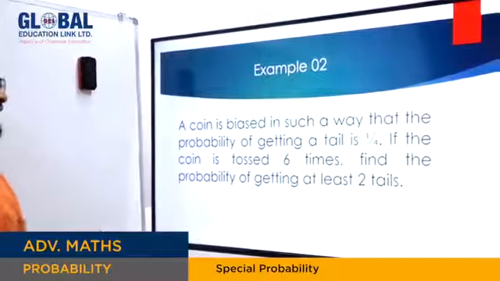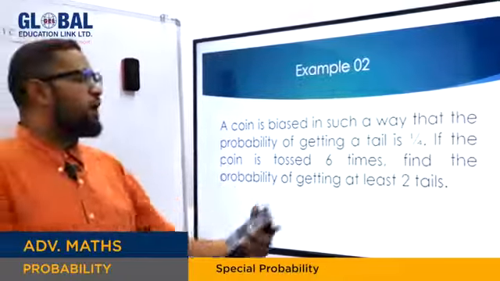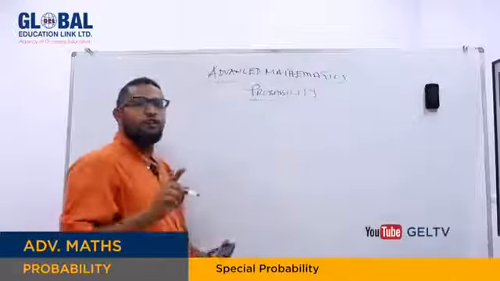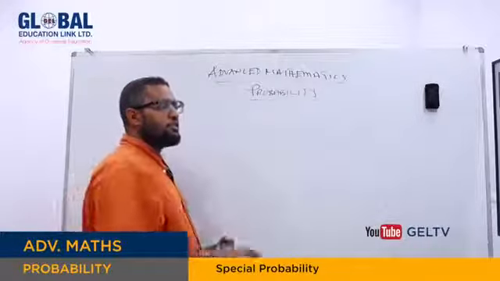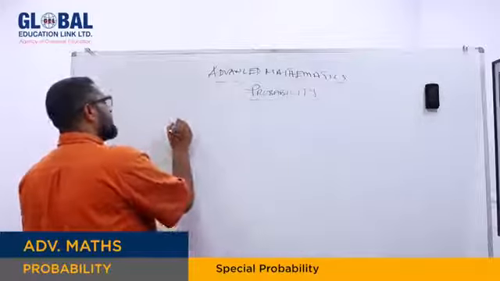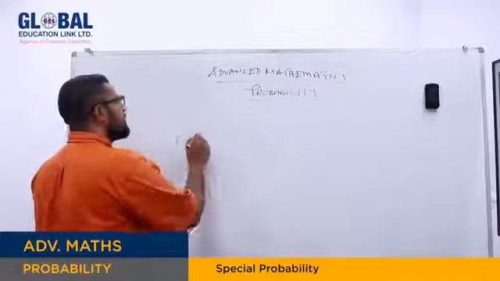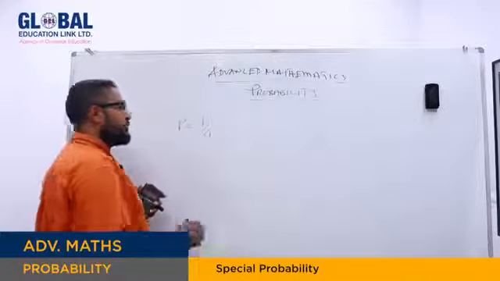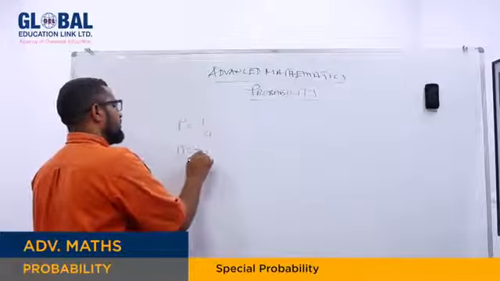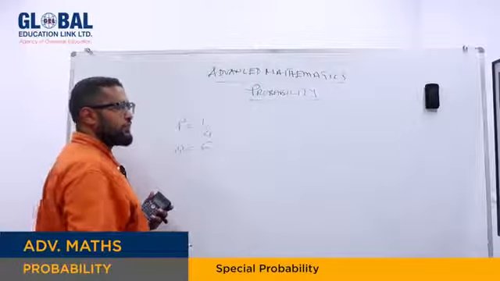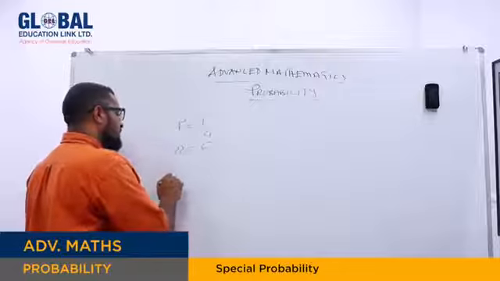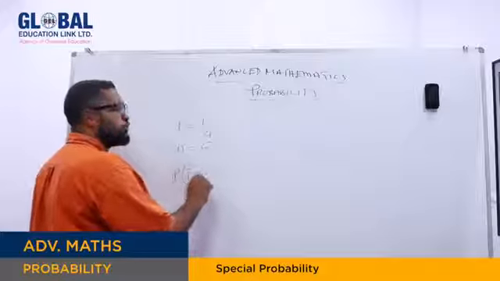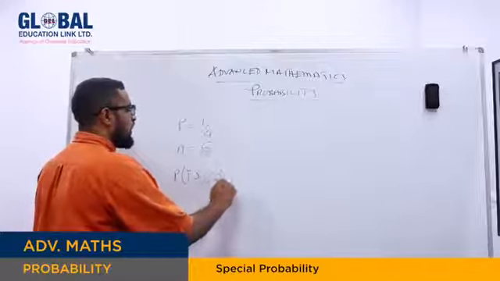A coin is biased in such a way that the probability of getting a tail, and that will be the probability of success, because the question is asking about tail. So the probability of success, P, will be equal to 1 over 4. But we are given the number of trials. It was tossed 6 times. And we are asked to find the probability of getting at least 2 tails. So this is our question.